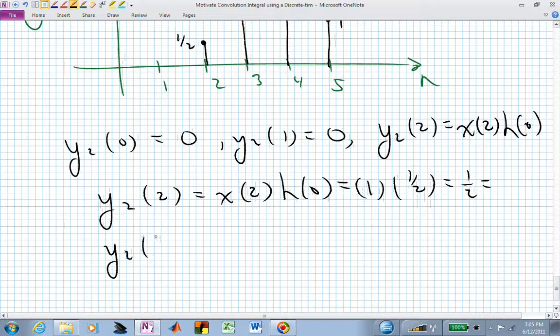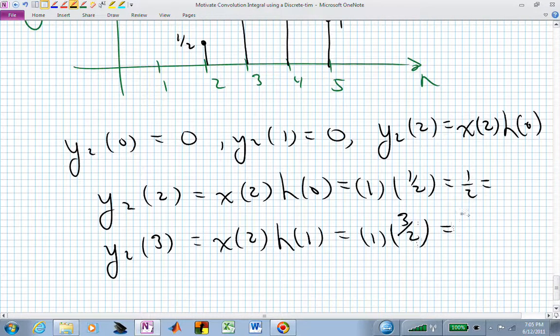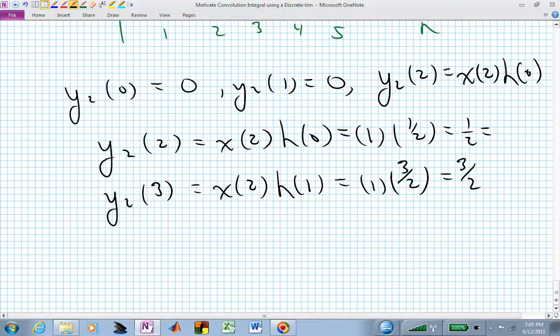Y sub 2 at time 3 is the same input. Now it's what the system does 1 unit of time later after the application of the input, which is to say that in this particular example it now moves up to 3/2 scaled by the input's value. y sub 2 at time 4 is still responding to the input applied at time n equal 2.